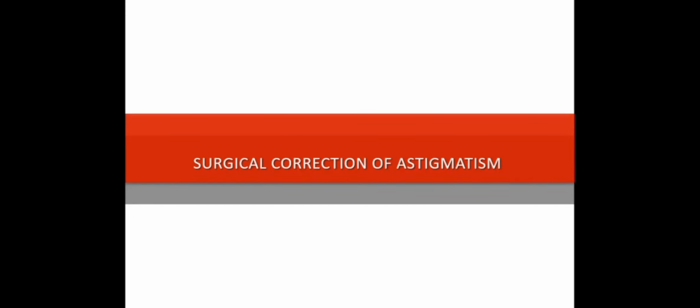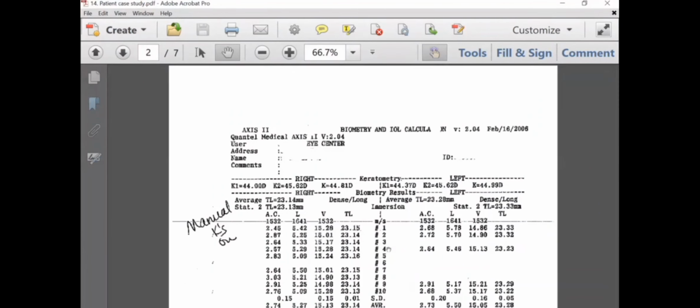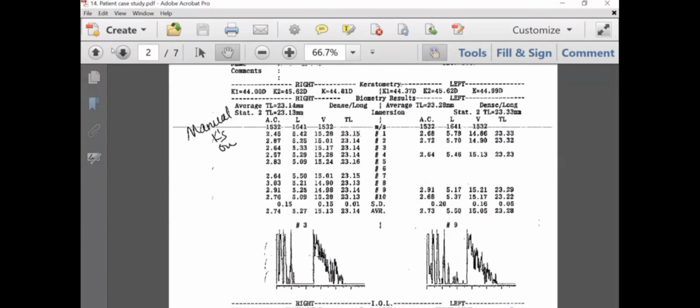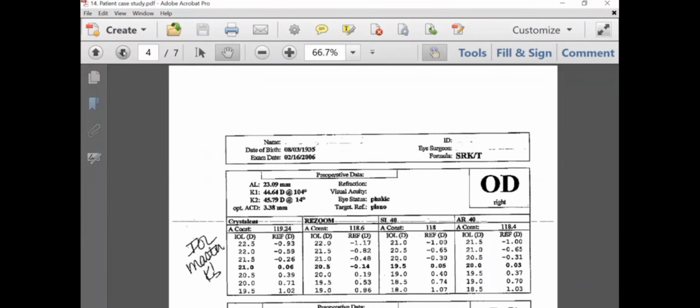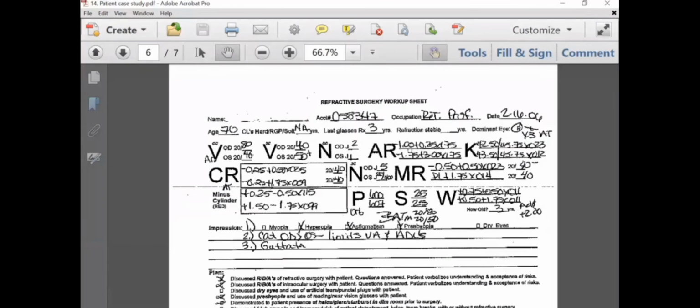So when we look at a patient case sheet like this, where it shows you the sphere and cylinder power, this sphere cylinder power represents astigmatism that is totaled up, all right?